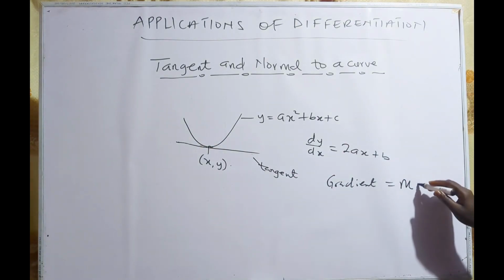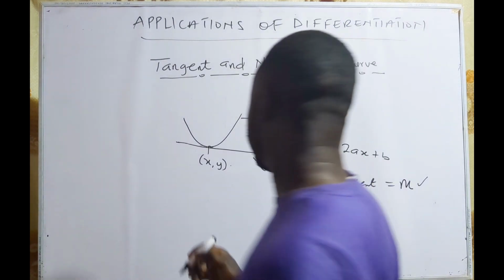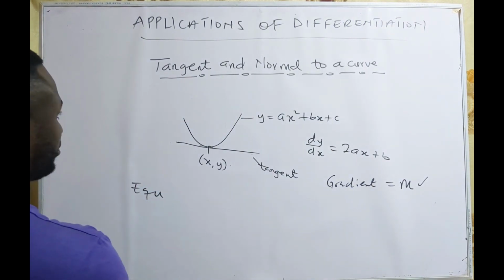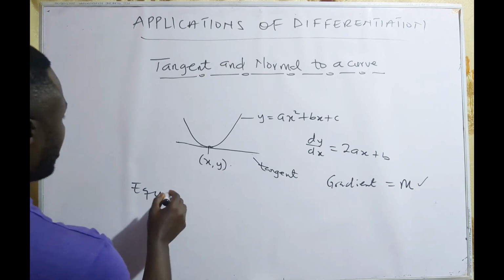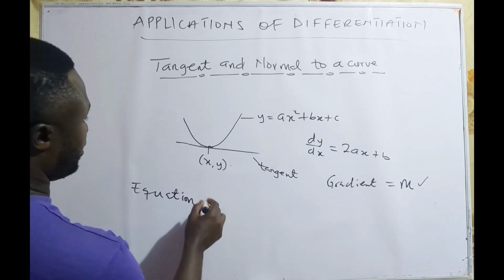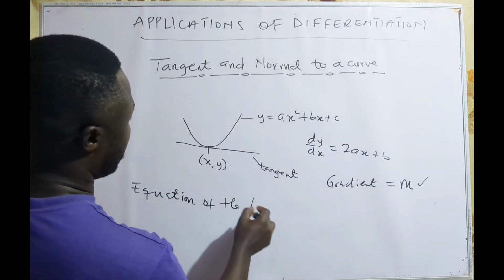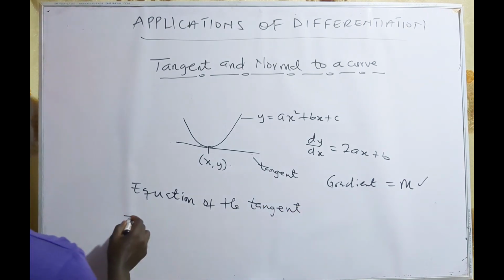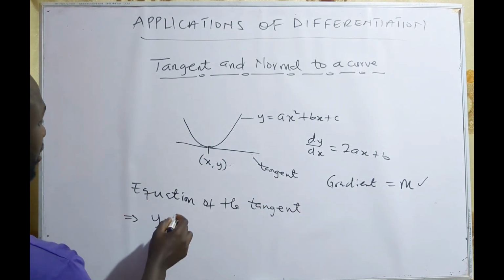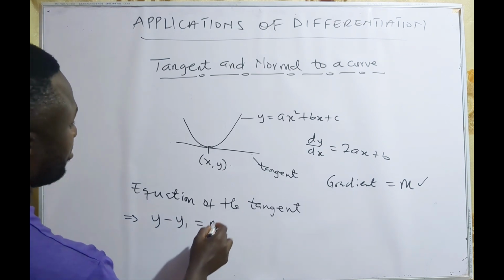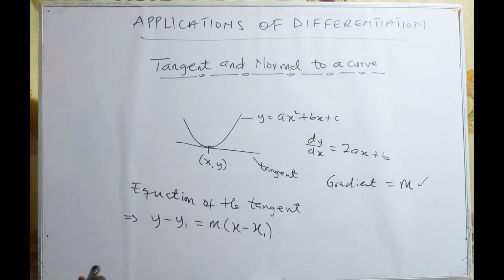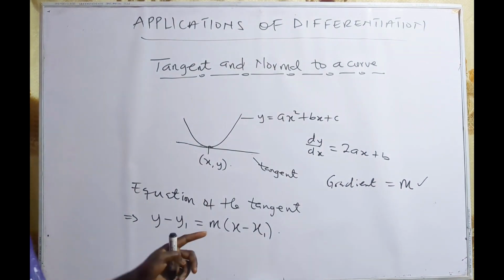My gradient becomes m. If that is the case, then the equation of the tangent implies y minus y1 equal to m into bracket x minus x1. I believe we all know this. This is an equation of a straight line.